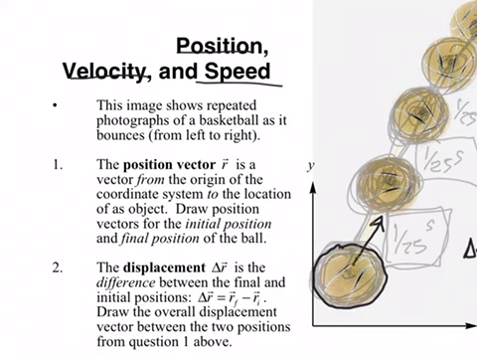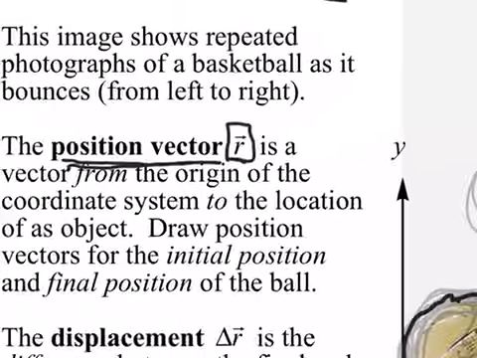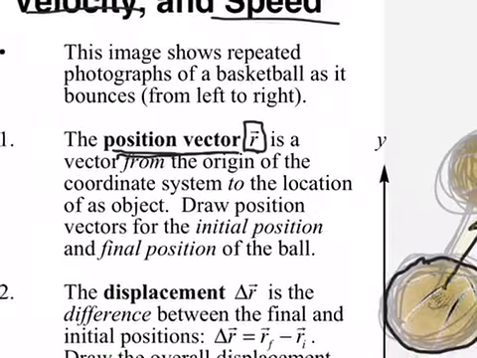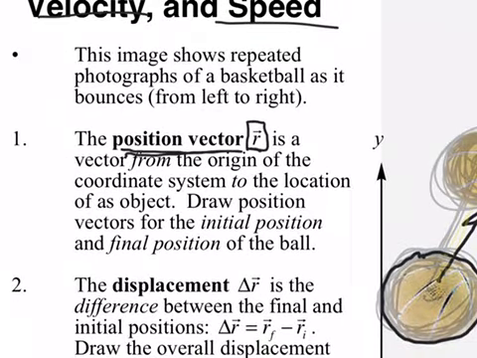To understand the velocity of this basketball, we need to first understand the position. The position vector we usually write as r with a little arrow over it to show that it's a vector. And the position vector is just a vector from the origin to the object.